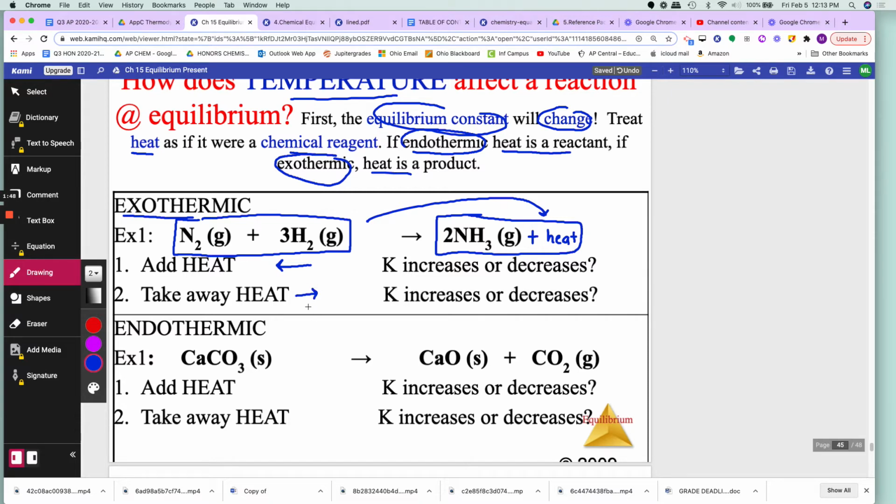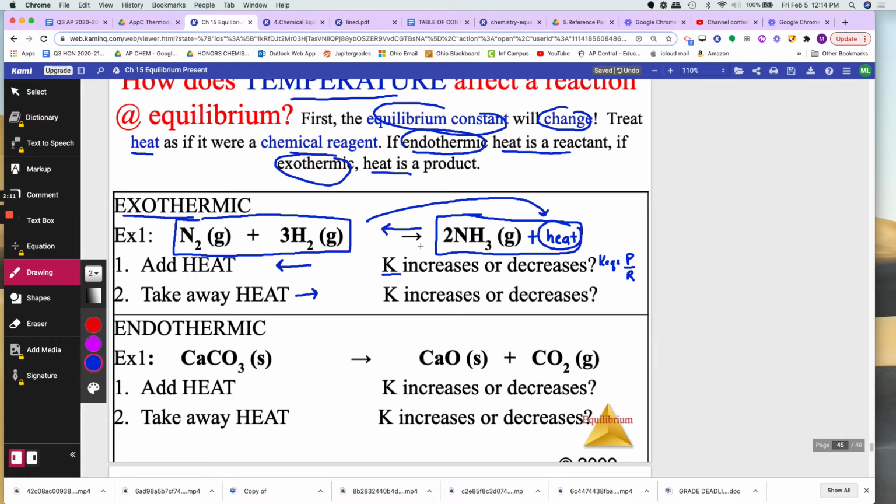Let's go ahead and see what happens to K equilibrium. Let's do the first one again. Add heat. Remember, K equilibrium is equal to products over reactants. If you add heat on the product side, it's going to go to the left.